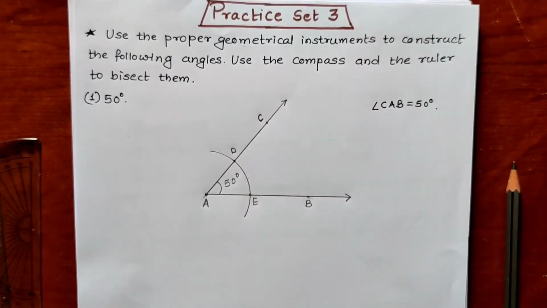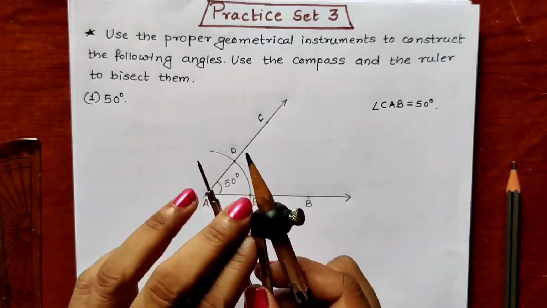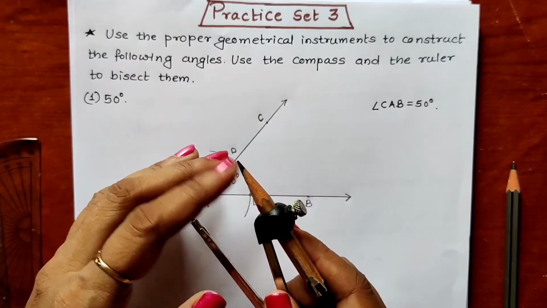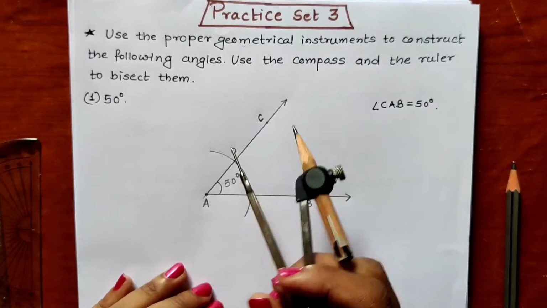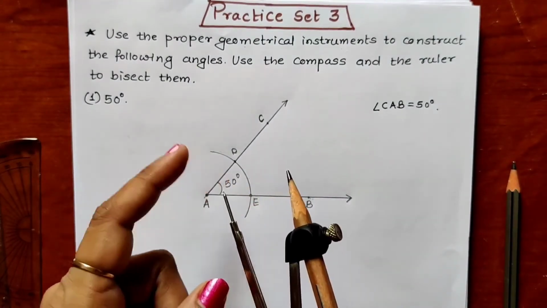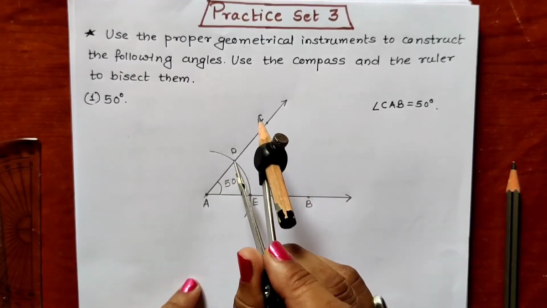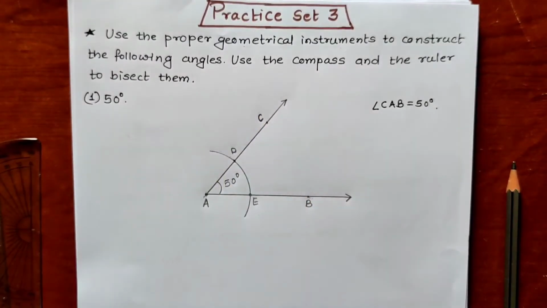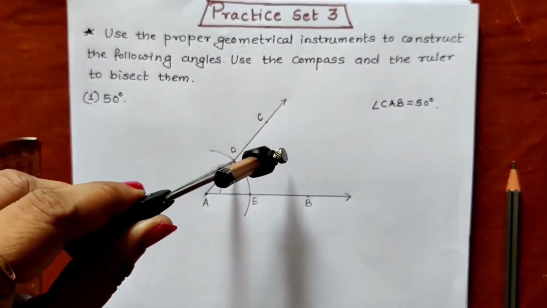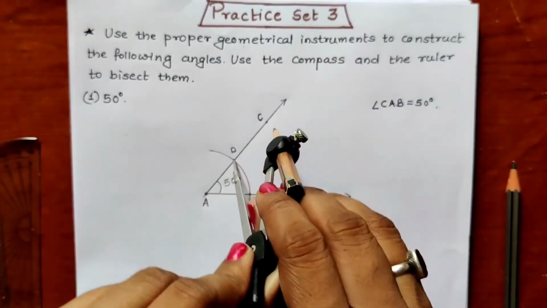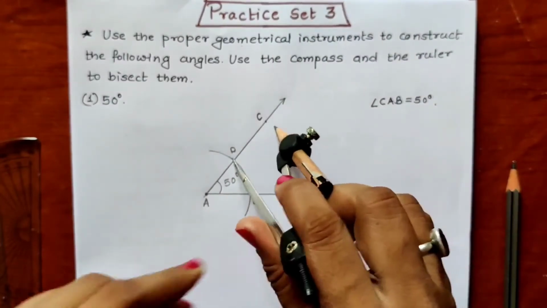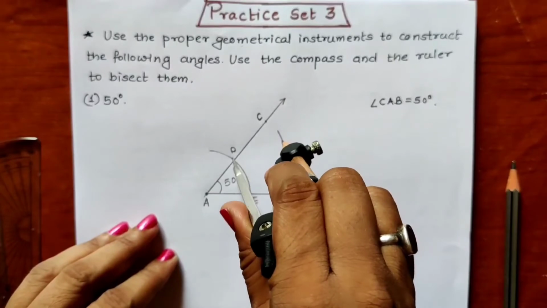Now what we will have to do, just increase the distance in the compass. This distance doesn't have any measurement. You can take any distance in your compass. Now place this point on point D and draw an arc inside the angle. See, I am drawing an arc inside the angle.